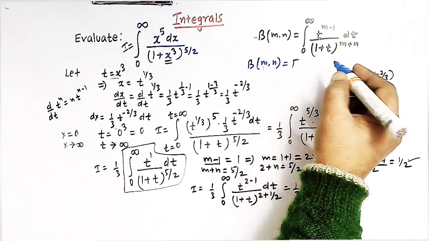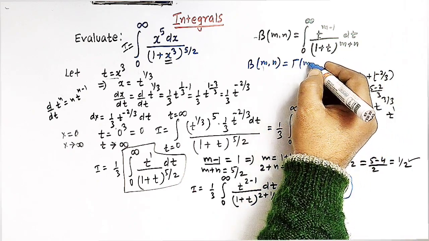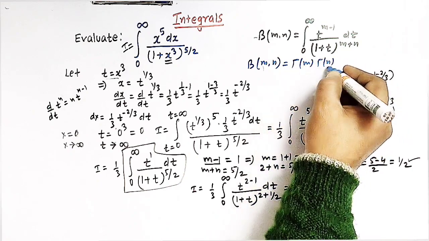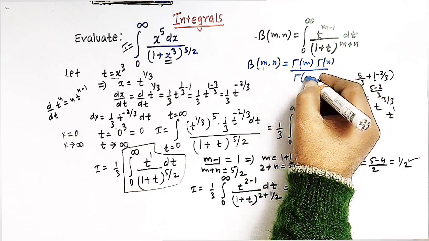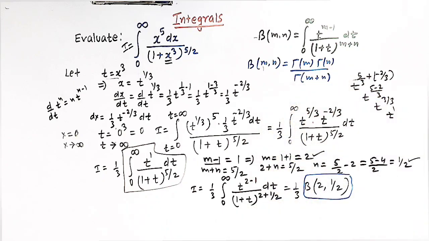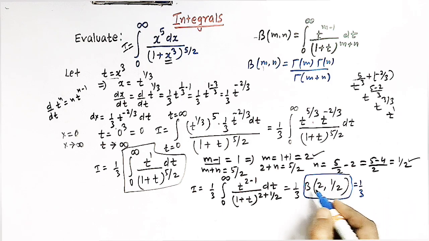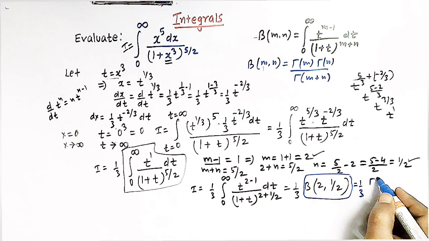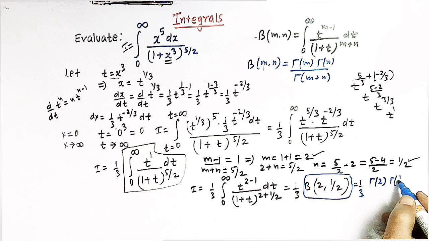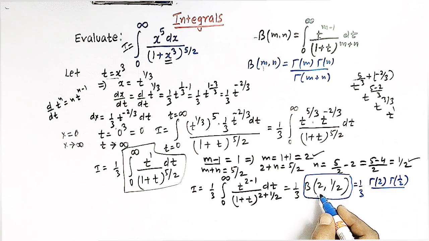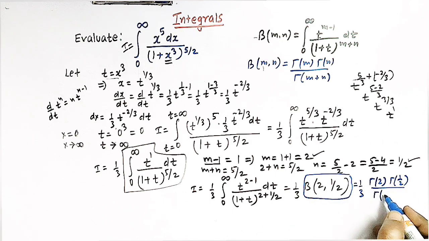So beta function is equal to gamma m times gamma n divided by gamma m plus n. So here we have 1 over 3, and then we can now write gamma 2. Then we have gamma half, and in the denominator we can write gamma 2 plus half.